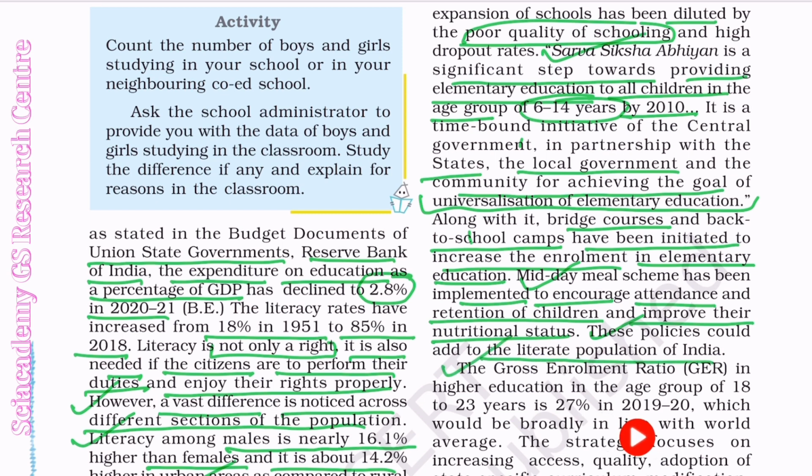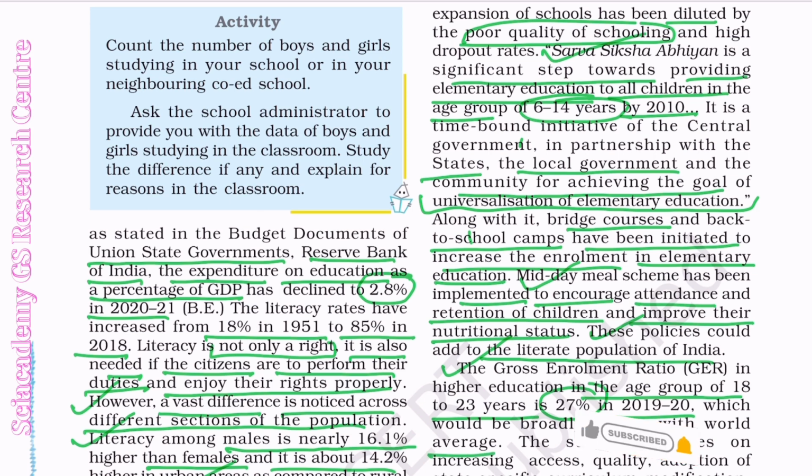The gross enrollment ratio in higher education in the age group of 18 to 23 years is 27% in 2019 to 2020, which would be broadly in line with the world average.